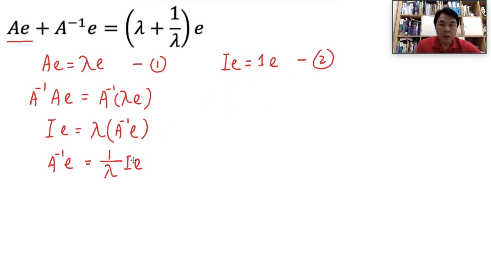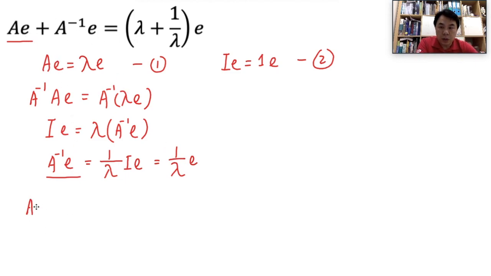So from here, we can say that this is basically the same as 1 over lambda E, because identity matrix multiplied with eigenvector is basically its eigenvector here. So therefore, we can say that A inverse with its eigenvector must be the same as 1 over lambda E here. And then now we are ready to prove this identity.